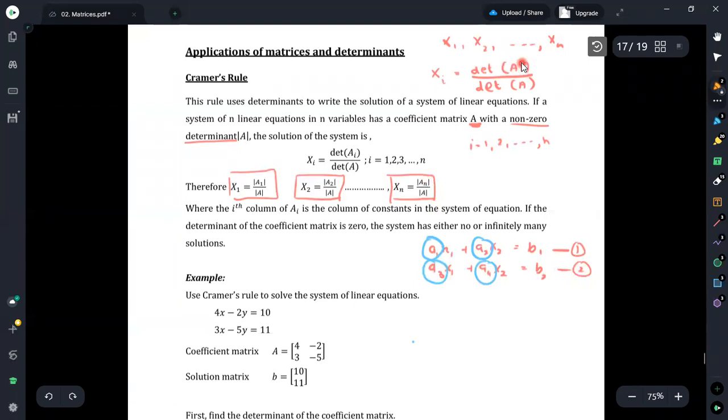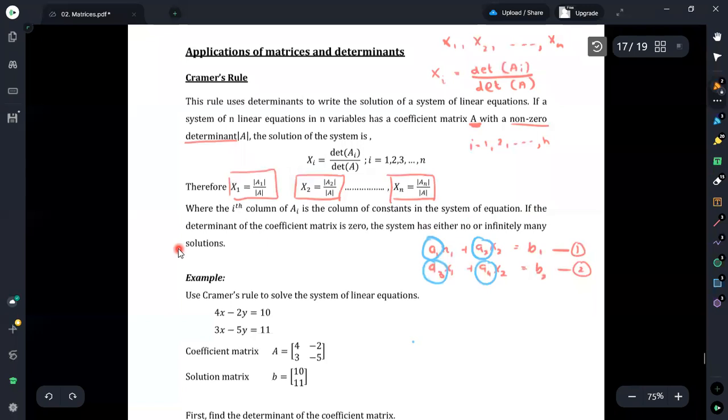Using an example, I will explain how we can obtain this matrix Ai. Then by dividing the determinant of this Ai matrix by the determinant of A, we obtain the solutions for the system.